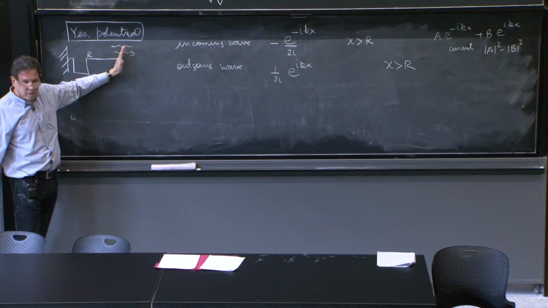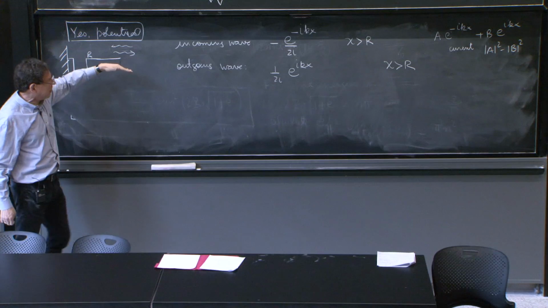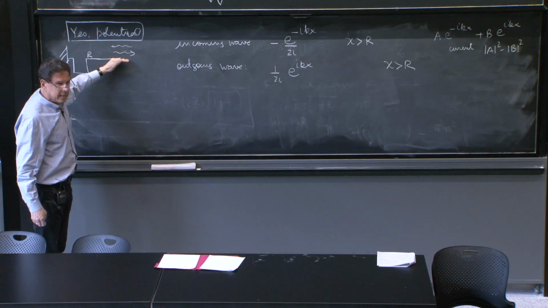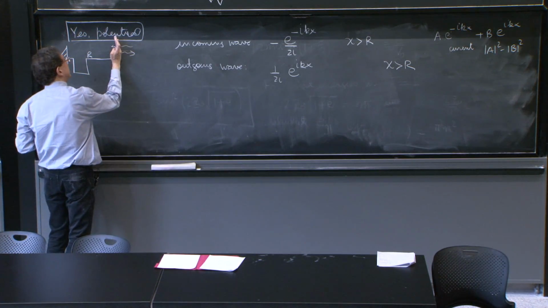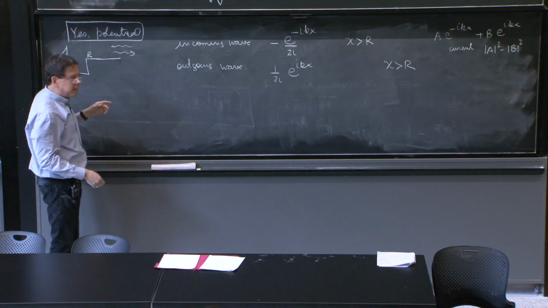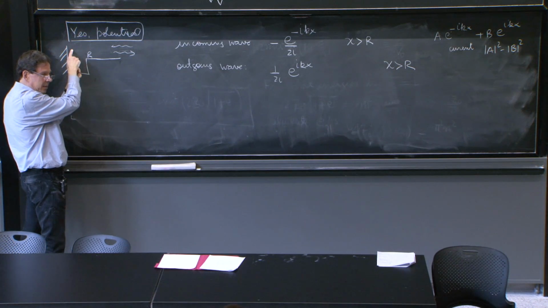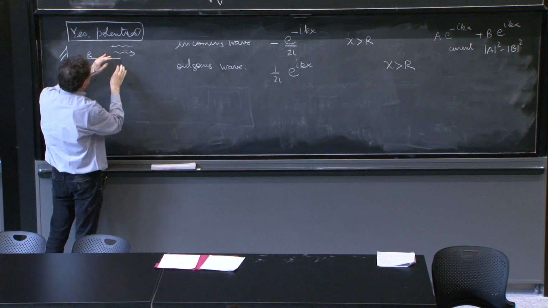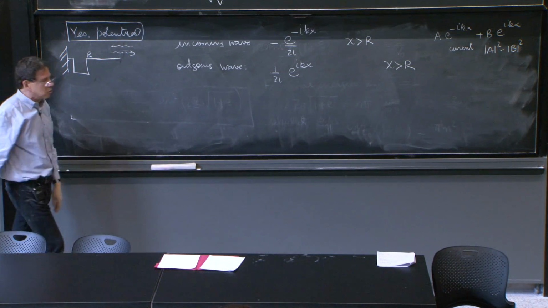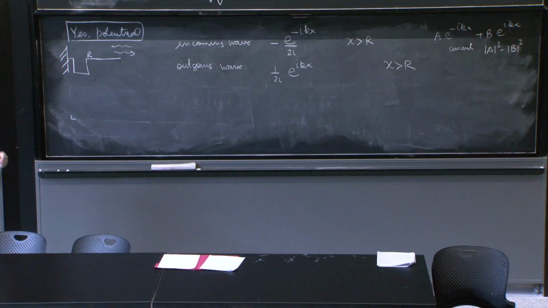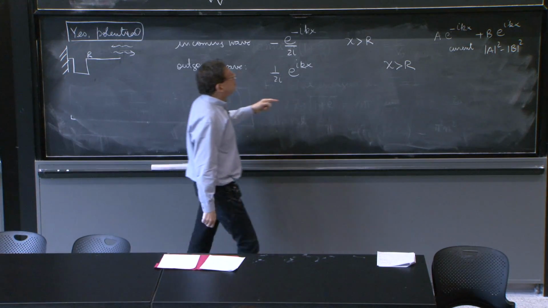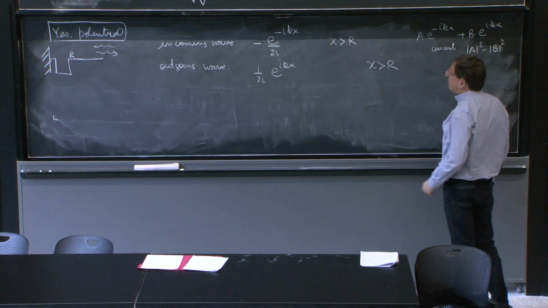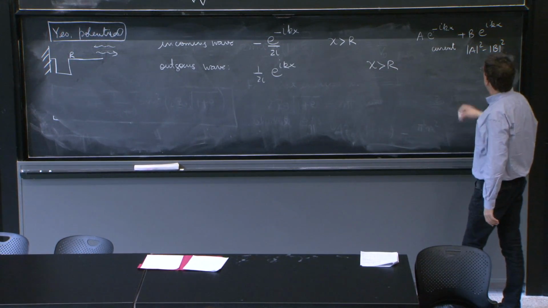We're trying to get energy eigenstates, solutions of some energy. And the only way it can happen is if they carry the same amount of probability. Probability cannot be accumulating here, nor can it be being depleted there. So the currents associated to the two waves must be the same. And the currents are proportional to those numbers that multiply these things squared. So in fact, a squared must be equal to b squared.